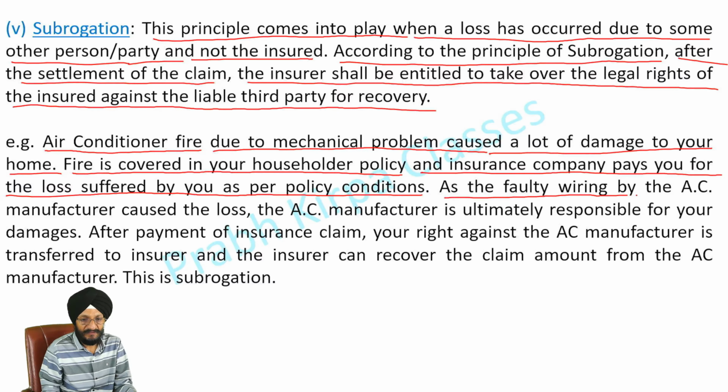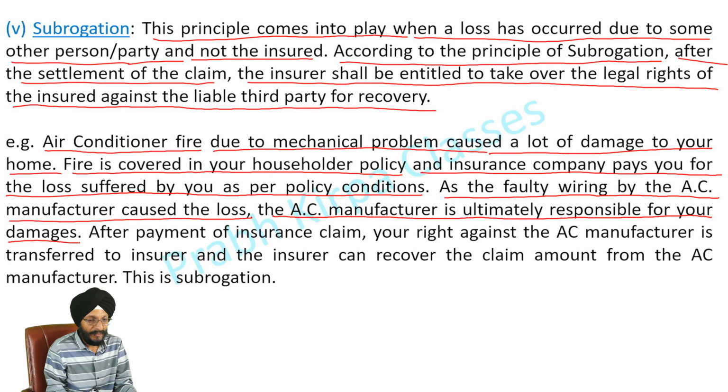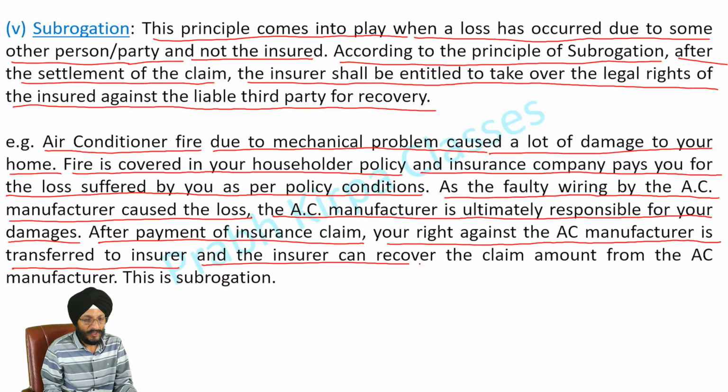As the faulty wiring by the AC manufacturer caused the loss, the AC manufacturer is ultimately responsible for your damages. After the payment of the insurance claim, your right against the AC manufacturer is transferred to the insurer and the insurer can recover the claim amount from the AC manufacturer. This is known as subrogation.